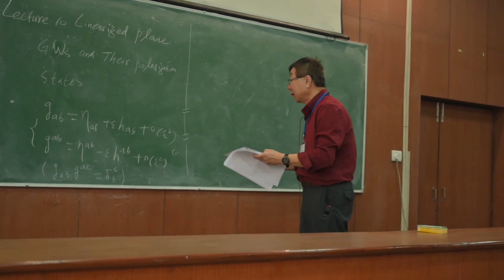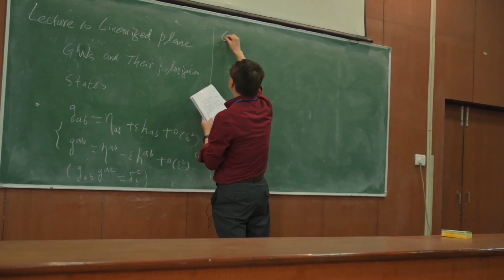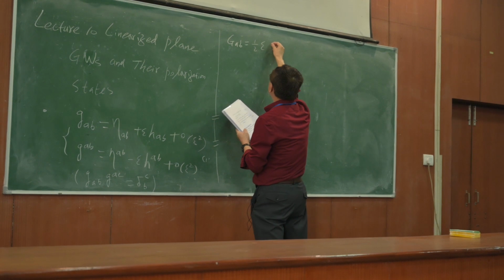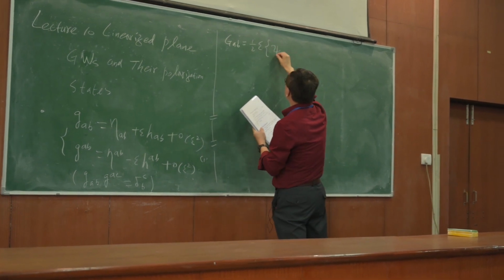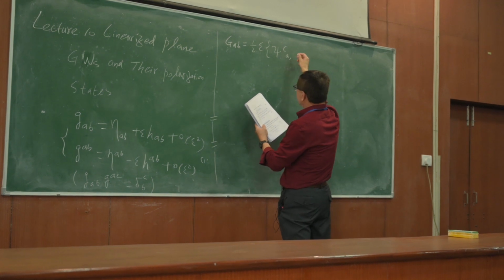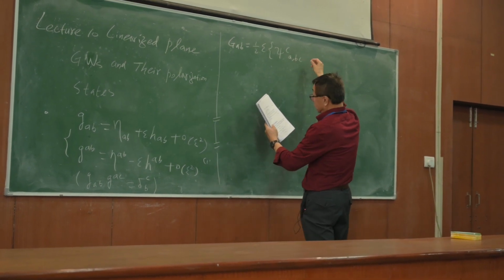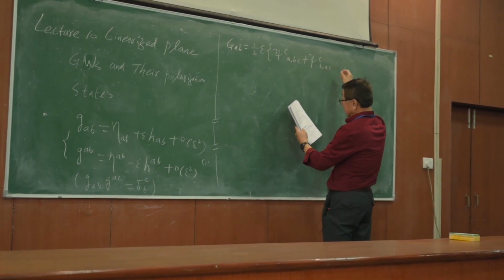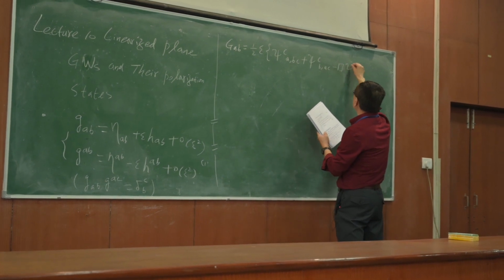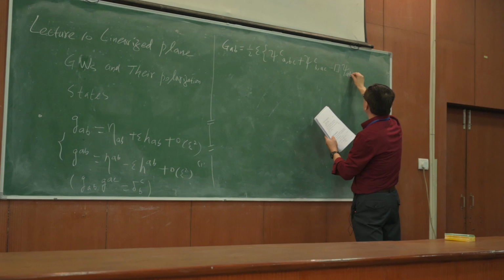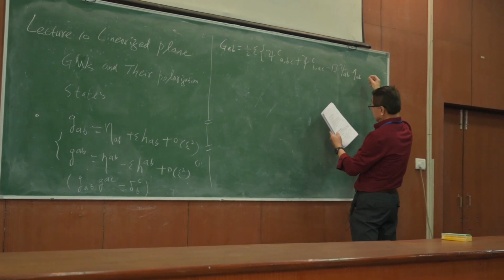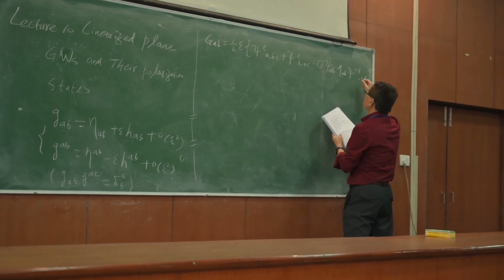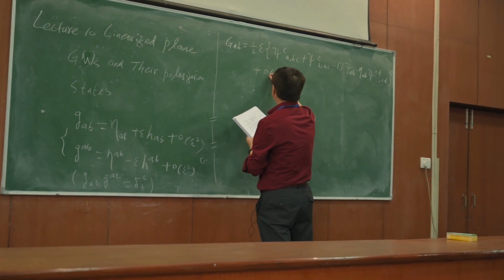So after all the calculations, finally we arrive at G AB equals 1/2 epsilon phi CA BC plus phi CB AC minus delta phi AB minus epsilon AB phi CB plus second order.